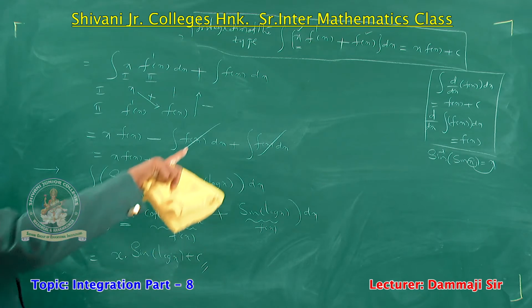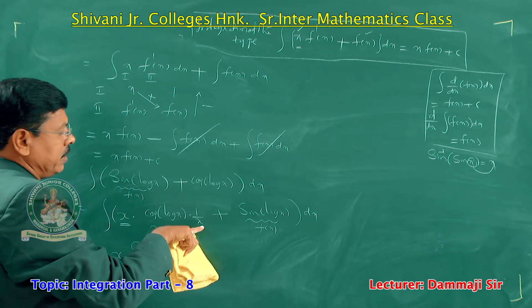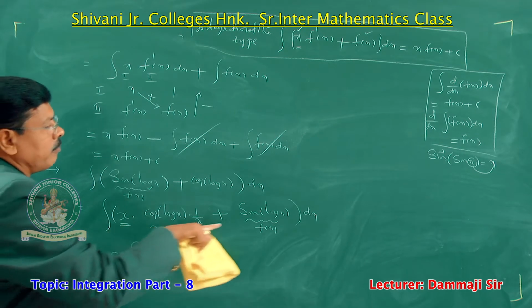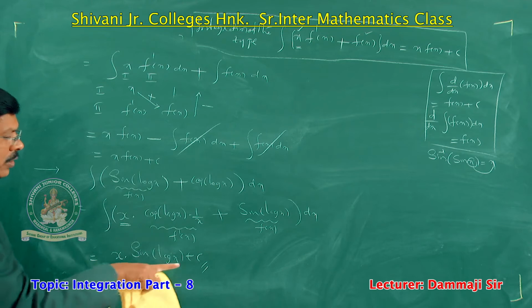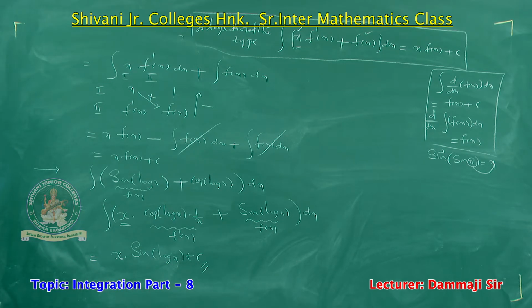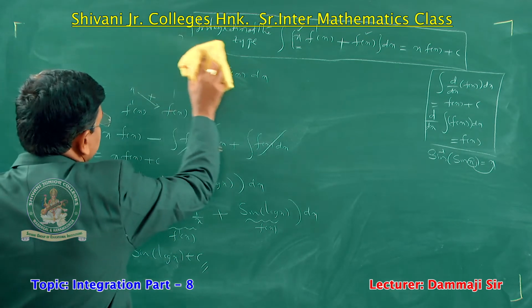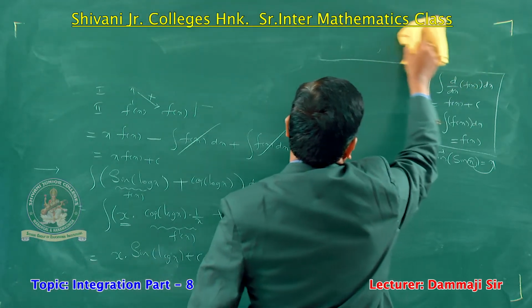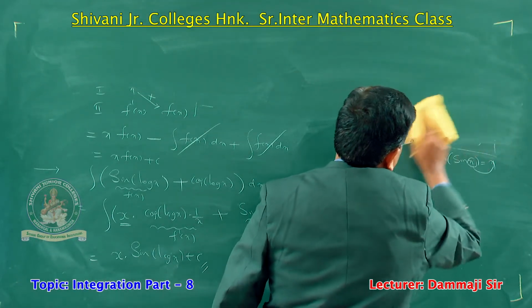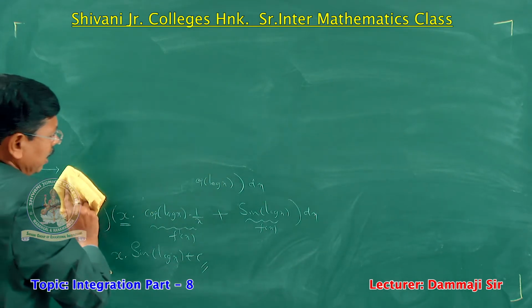One of the formations is there: just multiply and divide with x, so we will get the formation, then substitute the corresponding values and we will get the result of the given problem. So it is one type of problem in the second type of integration by cancellation.